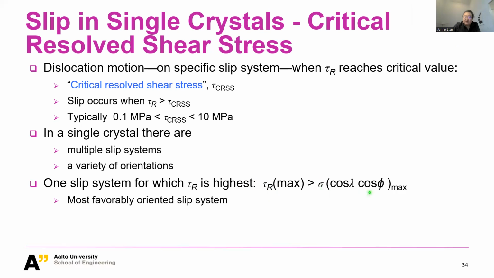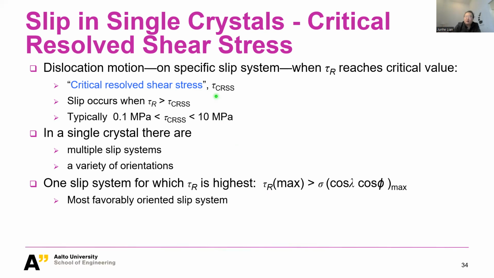That means the slip system with the maximum Schmidt factor will impose the maximum τ on your slips, on your dislocations, right? And if the maximum τ reaches the critical resolved shear stress, you will trigger dislocation motion.